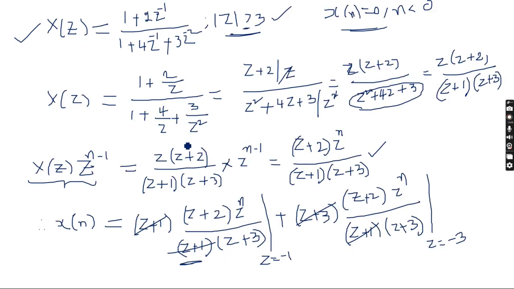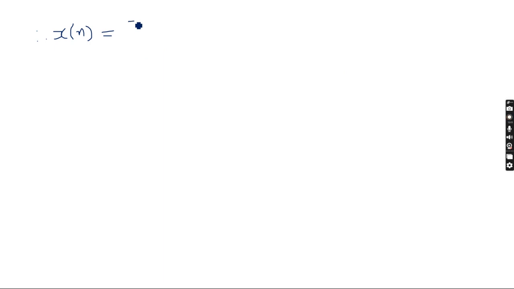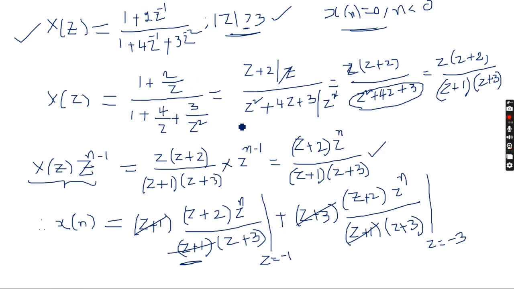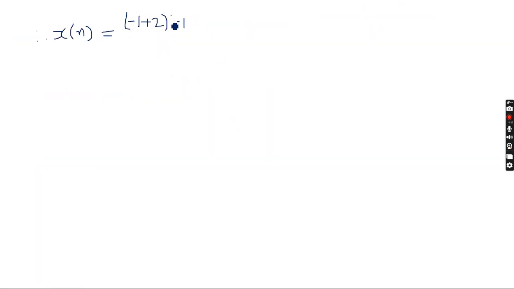Then finally, what? X of n equal to, substitute minus 1: minus 1 plus 2, since the z value here is minus 1, so minus 1 whole to the power of n, by z plus 3, that is, minus 1 plus 3.